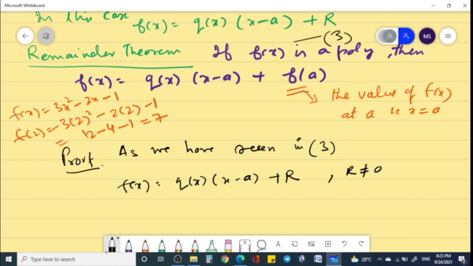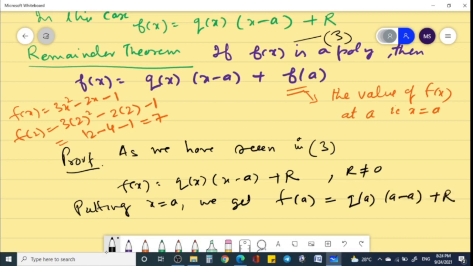Now putting x equal to a, we get f(a) equals q(a) times (a minus a) plus r. We see that a minus a is 0 here, so we get f(a) equals r, and r can be replaced by f(a), and we have the remainder theorem.